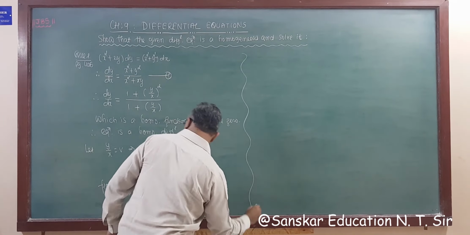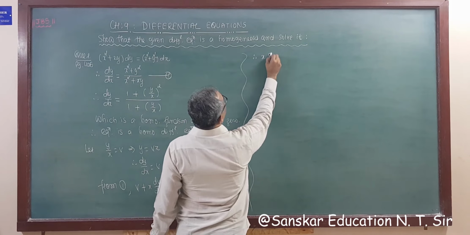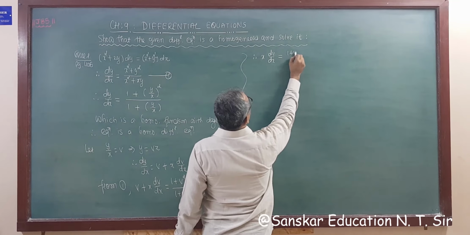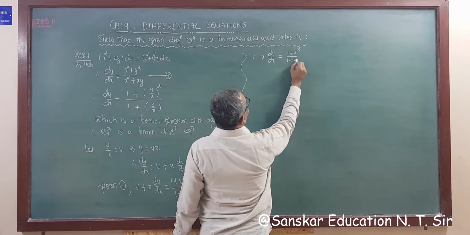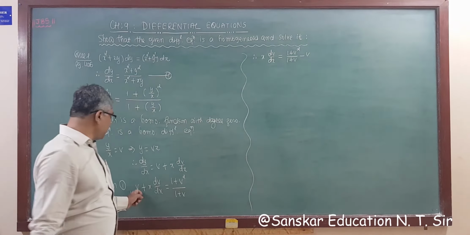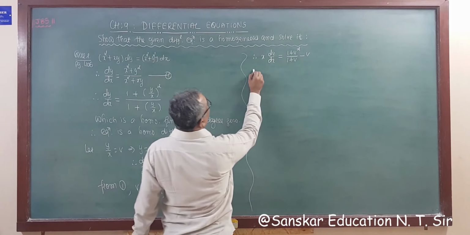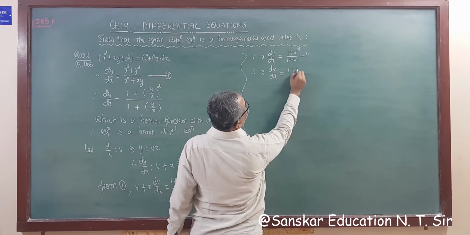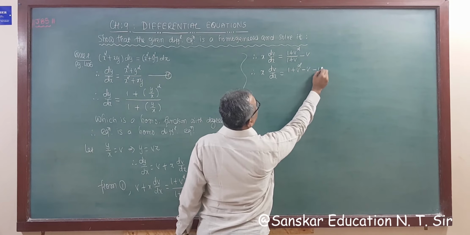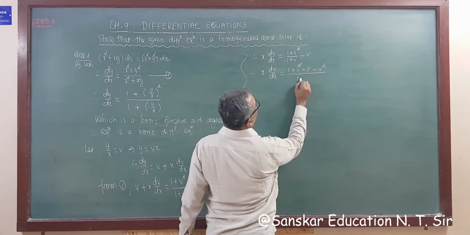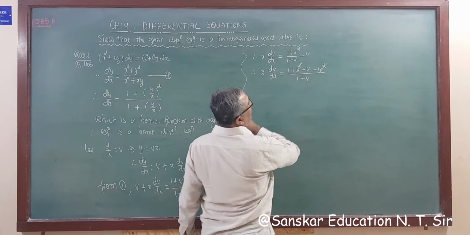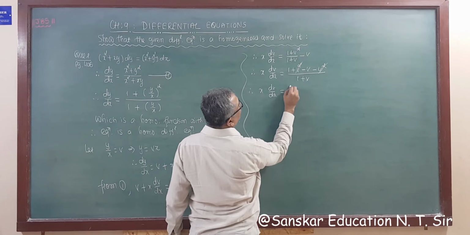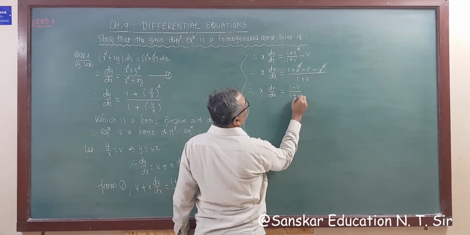So changing the sign, we get x dv by dx is equal to (1 plus v square) upon (1 plus v) minus v. Taking LCM, we get x dv by dx is equal to 1 plus v square minus v square whole upon 1 plus v. So v square will be cut. So we get x dv by dx is equal to 1 minus v upon 1 plus v.